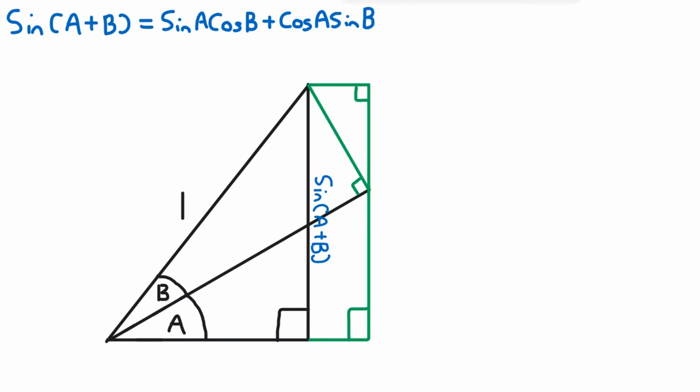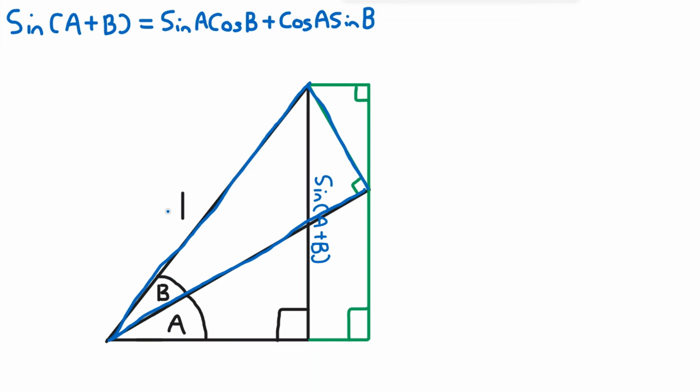So the black bits are the things that we've already seen before, and the green bits are new lines that I've drawn on. Now remember, in the exam you won't need to reproduce any of the shapes. They'll be given to you, but you need to understand the trig that's going on. So let's focus on the triangle that's highlighted in blue. So it's a right angle triangle with this side here having a length of 1 and this angle here just being B here.